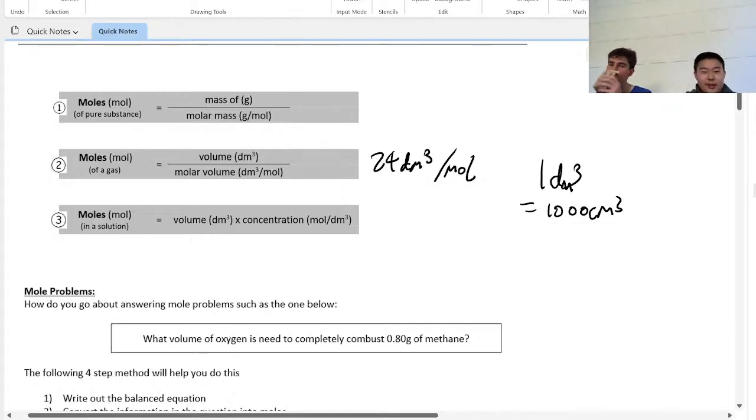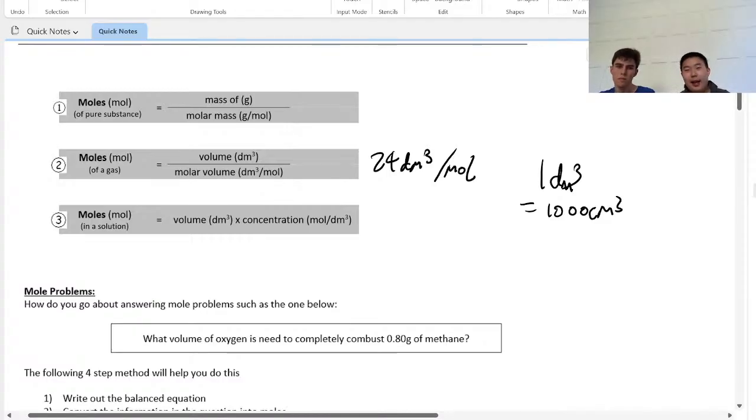And moles in a solution is the volume times the concentration. Actually, a really good way to learn these equations easily is to know the units, so you can derive the equations basically off of the units. If you know that concentration is moles per dm cubed, then you know it's moles over volume.